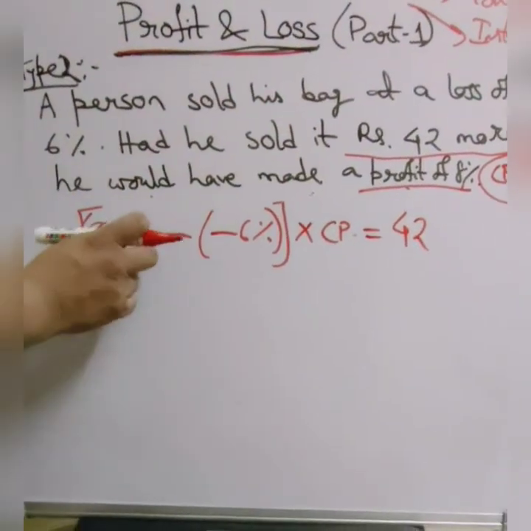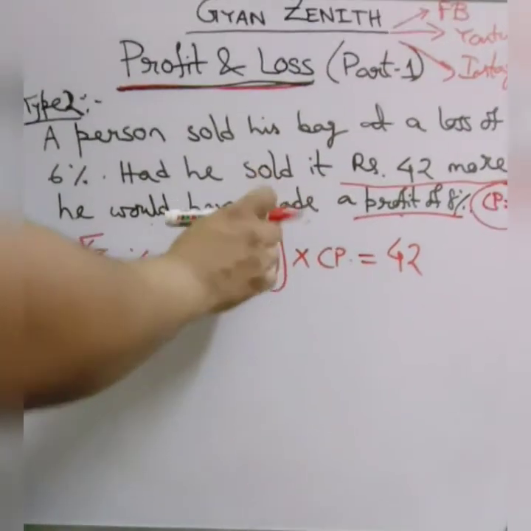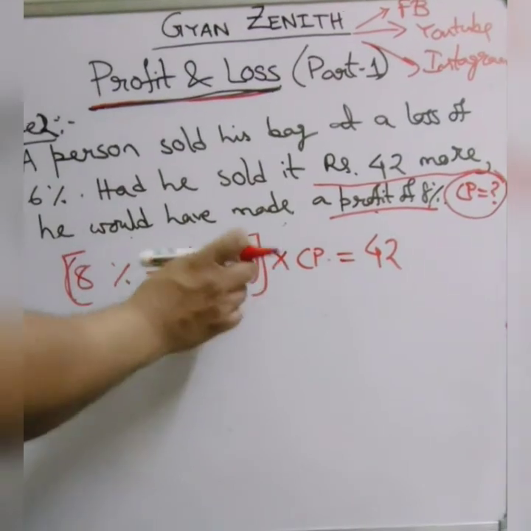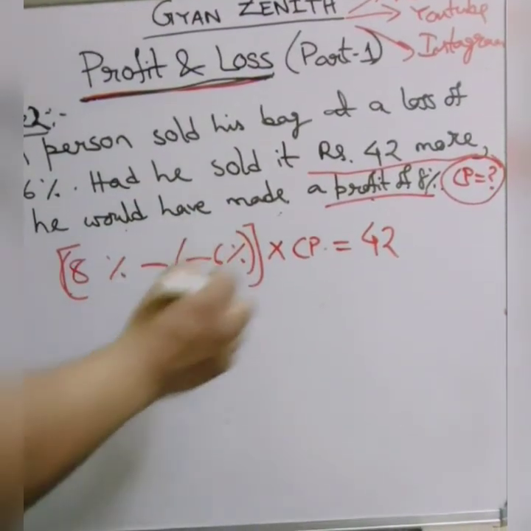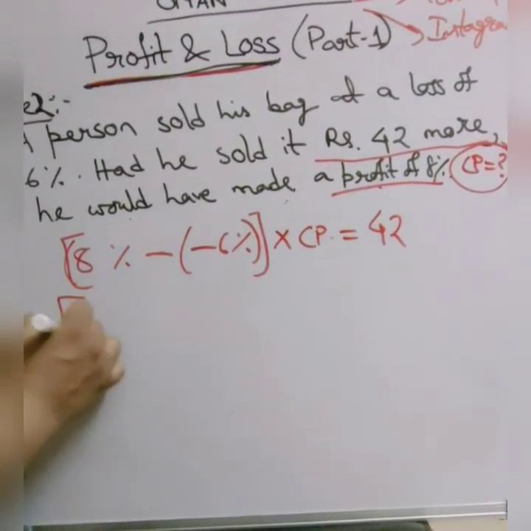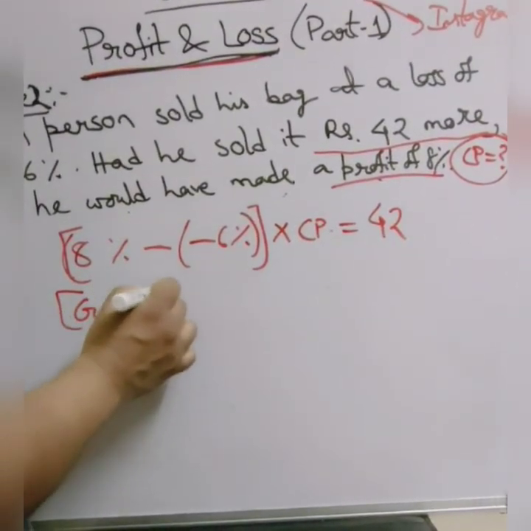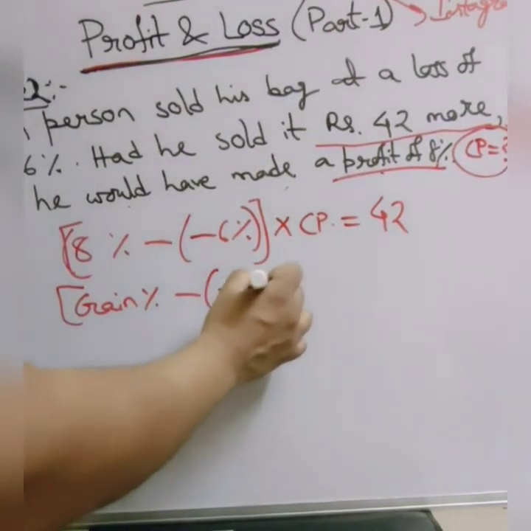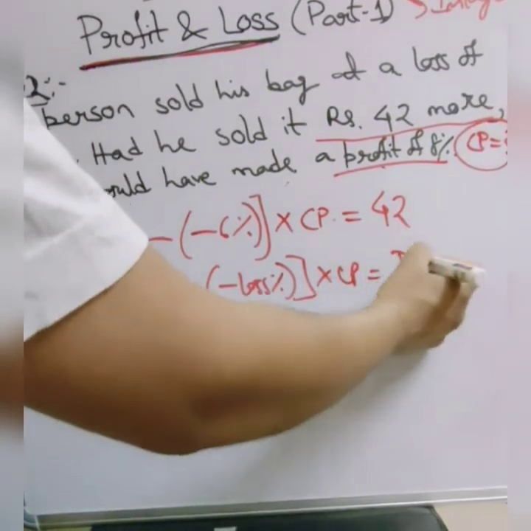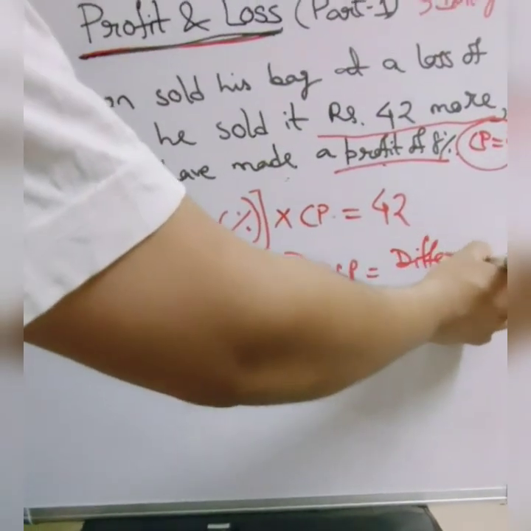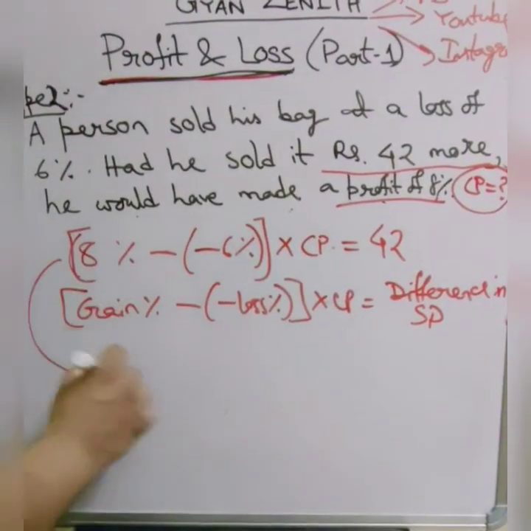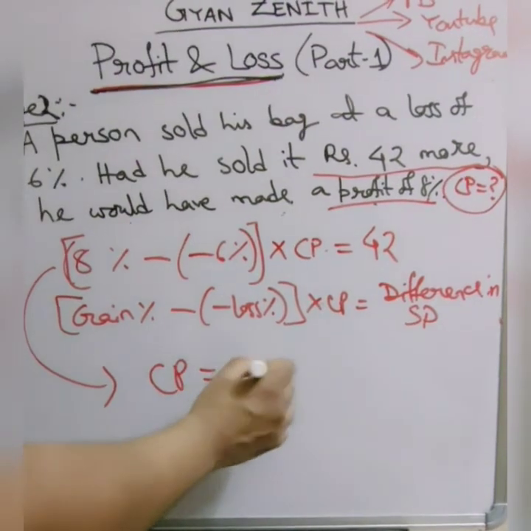So profit percentage minus negative of loss percentage into CP is equal to the difference in SP. If you solve here, CP will be 300.